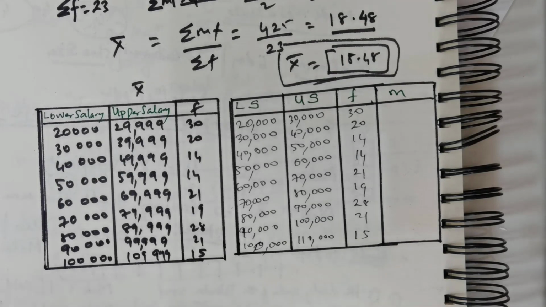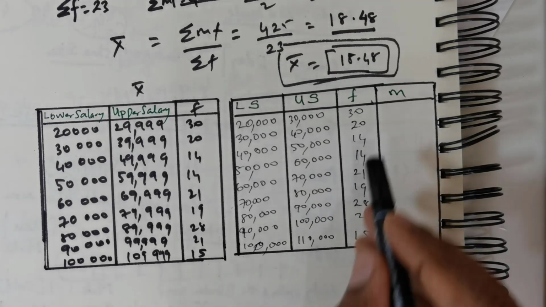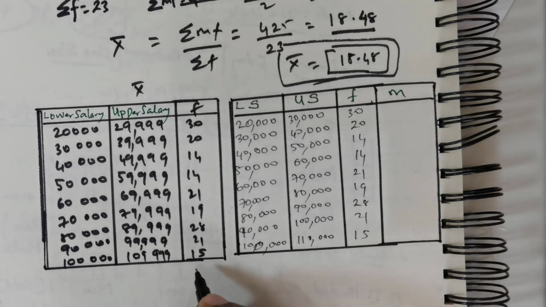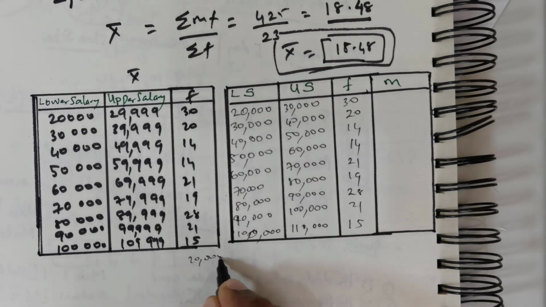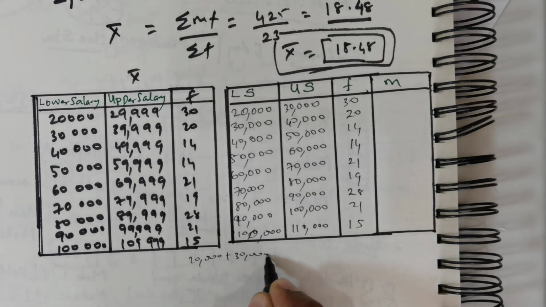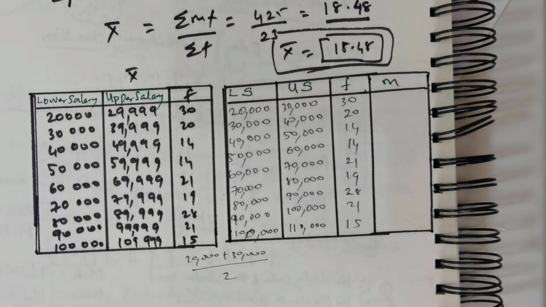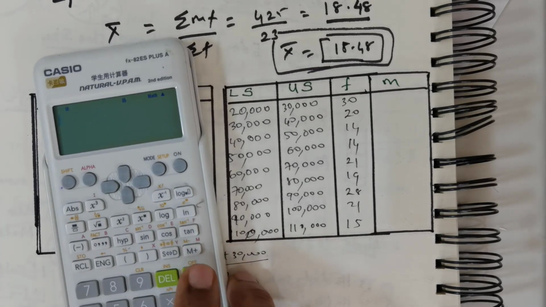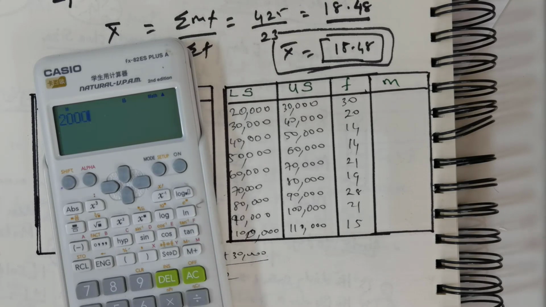Now, after you have got this, you will have to find the midpoint. So how do you find the midpoint? 20,000 plus 30,000 divided by 2. I'm going to use the calculator, and that would be a little bit faster.